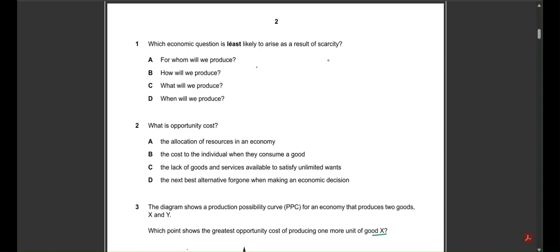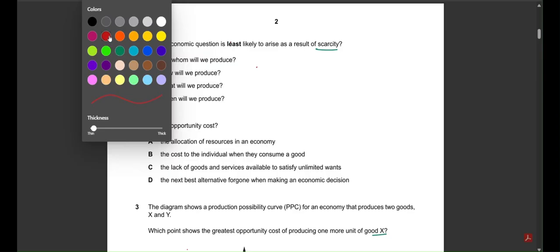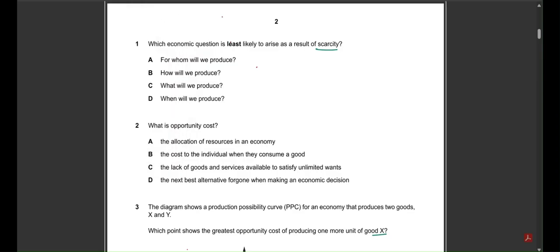So this question is from the first section. If you all remember the three questions which every economy has to face or answer, that would be what to produce, how to produce, and for whom to produce. So if you all can see the options, for whom will we produce, this we definitely have to answer.